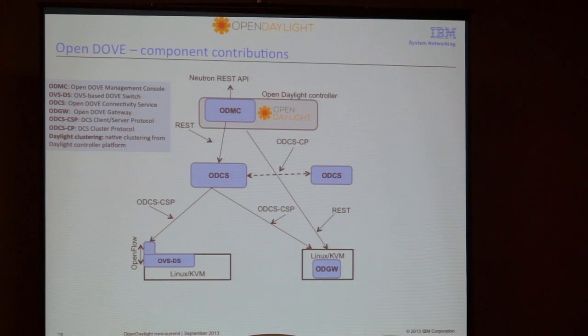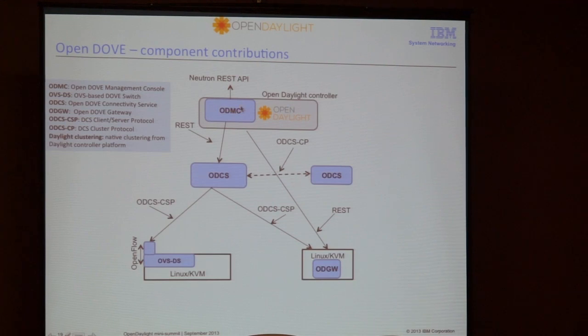What we started with is taking the DMC, the management piece, which we call ODMC for Open Dove Management Console, and rewriting it as a Java OSGi bundle. It exports REST APIs northbound, and southbound talks to the control plane piece, the ODCS. This is the Open Dove Connectivity Service that runs outside of the controller today and uses its own clustering protocol, right?